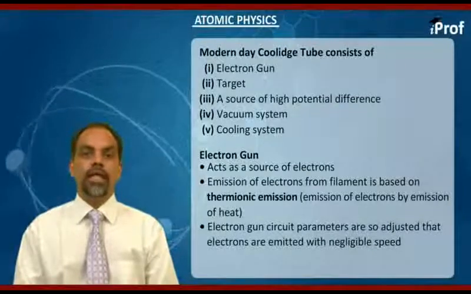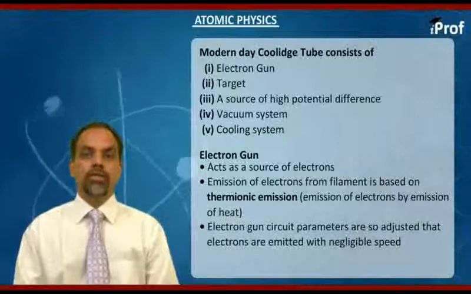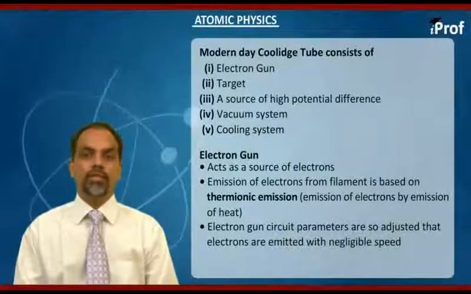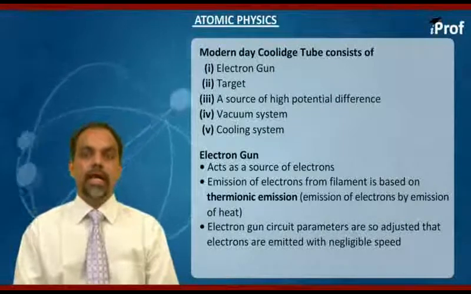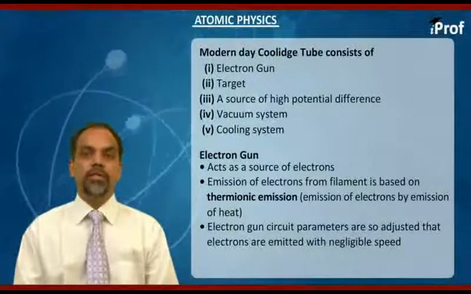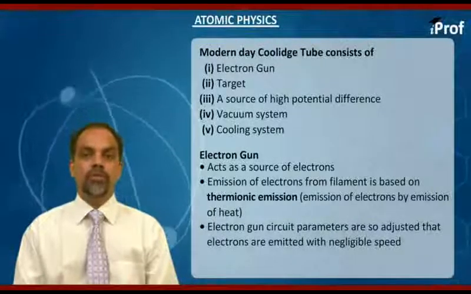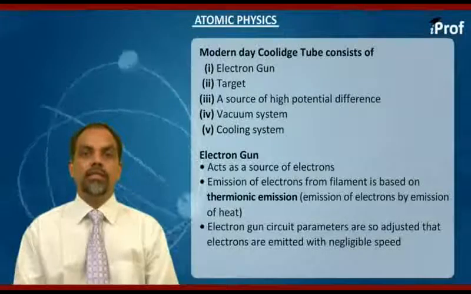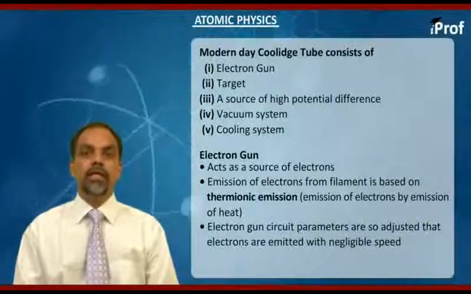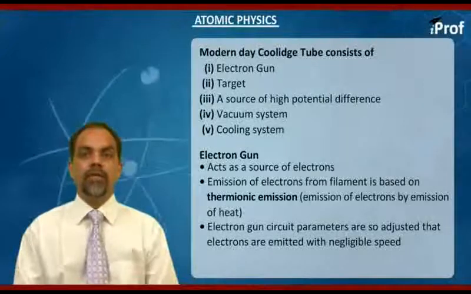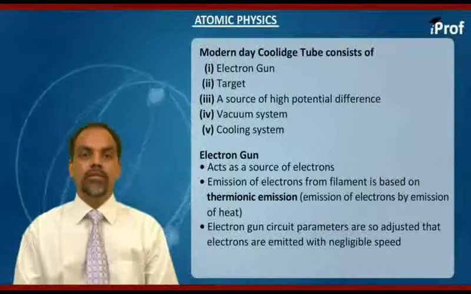So we call it technically thermionic emission of electrons. So the electron gun basically acts as a source of electrons and it is based on thermionic emission. And the third important point is that the electron gun parameters, that is the resistance, the current, the battery EMF, are so adjusted that electrons are ejected from the filament with negligible speed.